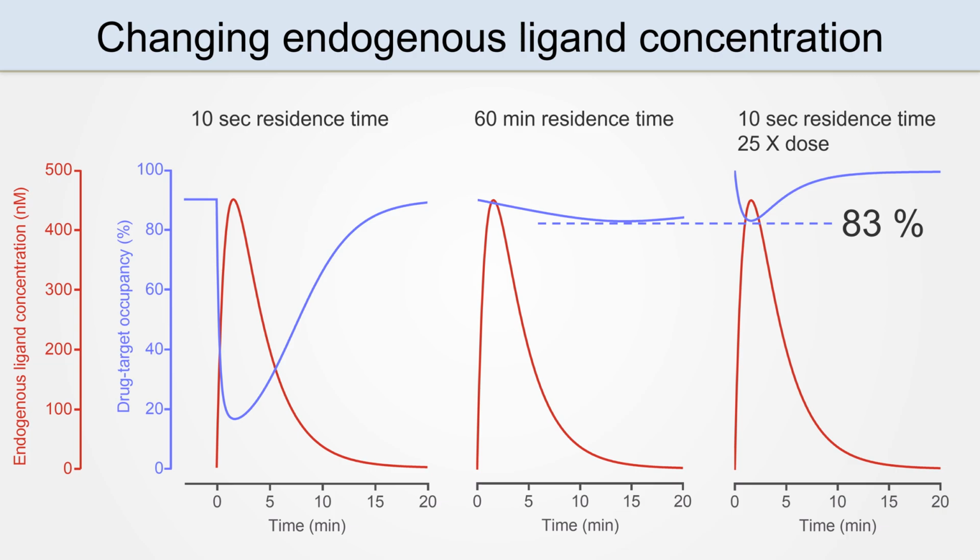Here we have sustained block simply by swamping the system with drug, blocking the binding of endogenous ligand by simple mass action competition. But it takes 25 times as much drug to get the same effect as a long residence time. This means a long residence time could potentially enable a lower dose, potentially improving the therapeutic window.